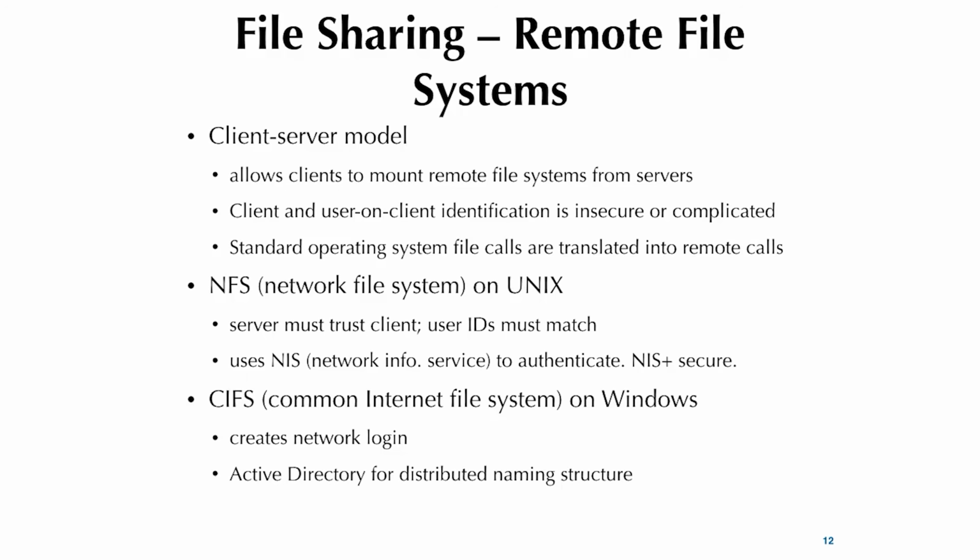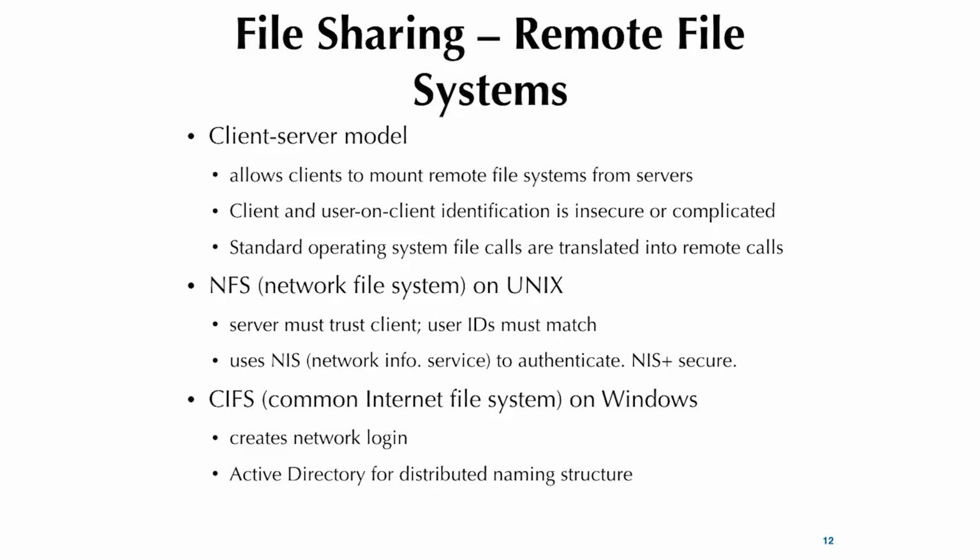So in the client-server model, the clients make requests to the server to access files, and so client and user identification on the client is insecure and complicated. So you really want to be able to authenticate. If it's authenticated on the server side, that's fine because the server has full control over the user identity.